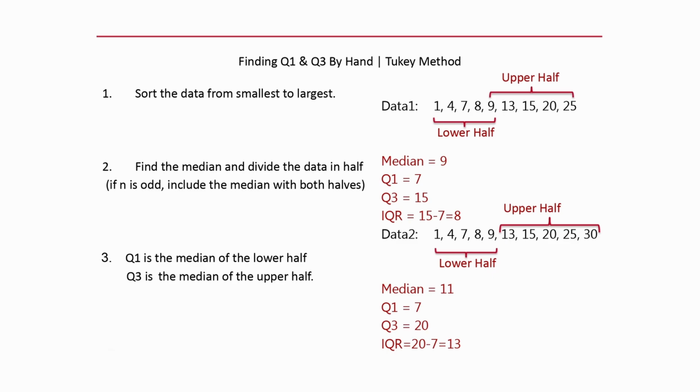It's halfway between 9 and 13. So the median of the lower half here, 1, 4, 7, 8, 9, is 7. The median of the upper half, 13, 15, 20, 25, and 30, is 20. So 7 and 20 are Q1 and Q3 respectively, and the interquartile range is the difference, which gives you 13.